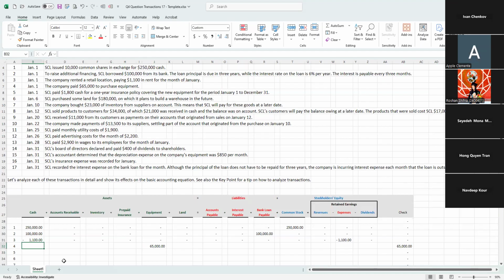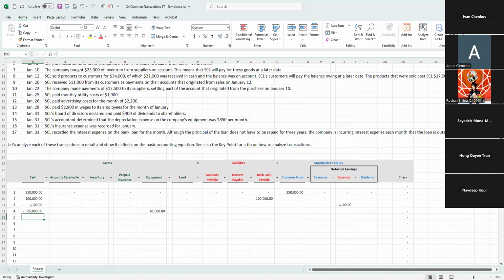I pay cash, so my cash is going down. So let's think about something. That's negative 65. So watch this. If I put here 65 positive, I'm not in balance. So I have to enter a negative amount here to reduce my cash. Now I'm in balance.